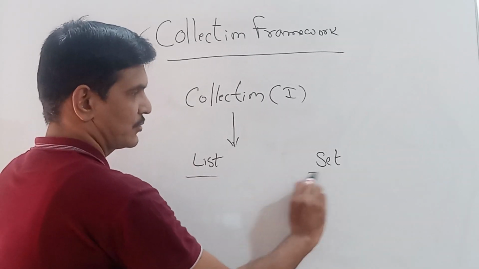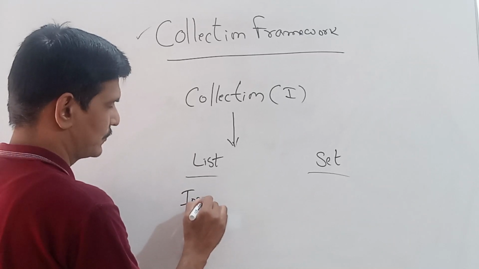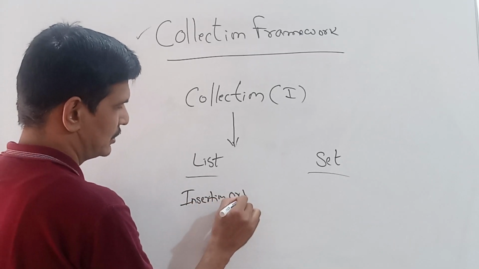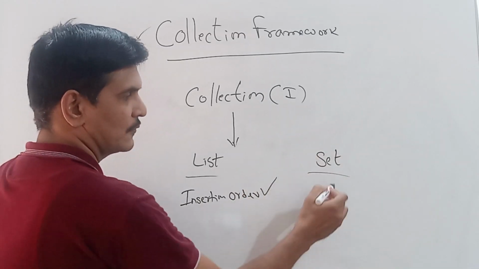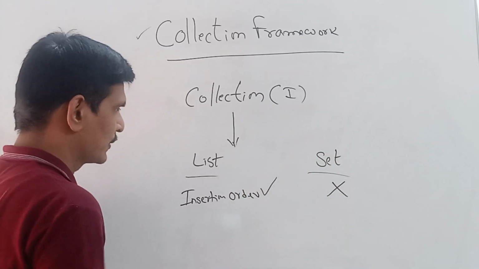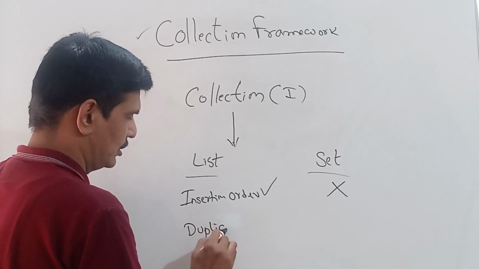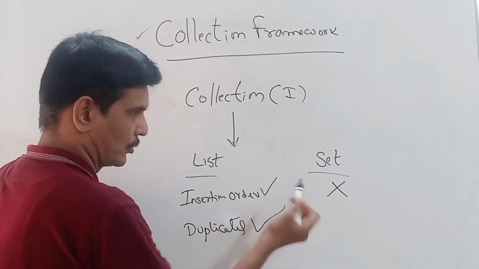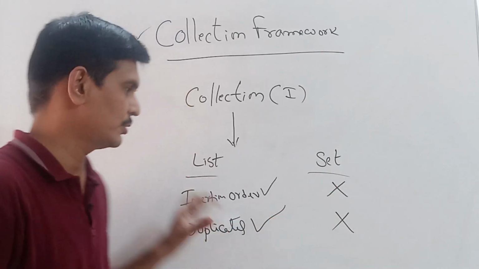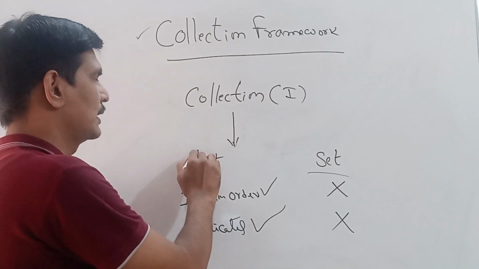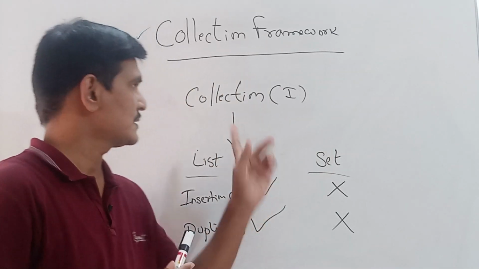What differences have we observed? In a list, insertion order is preserved, but in a set, it is not preserved. In a list, duplicates are allowed, but in a set, duplicates are not allowed. These are the two differences between list and set.